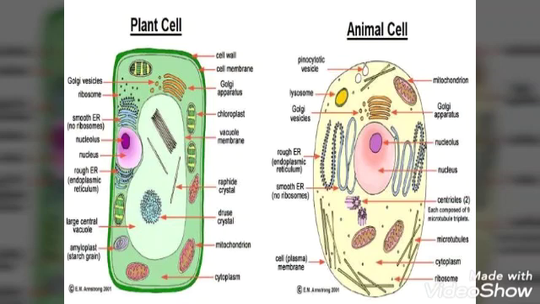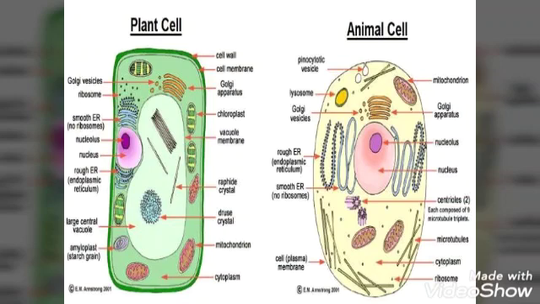Now the discussion about endoplasmic reticulum. It is a network of tube-like structures from the nuclear membrane to the plasma membrane. It is absent in prokaryotic cells and mature RBCs of mammals. There are two types of endoplasmic reticulum.